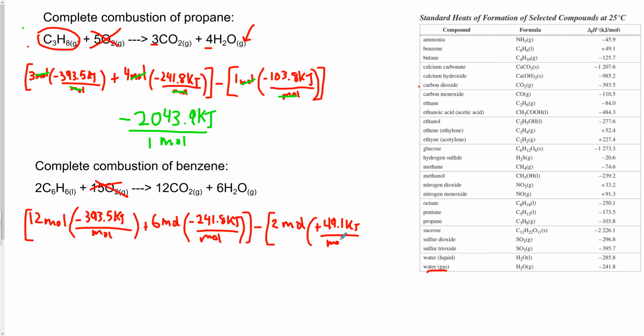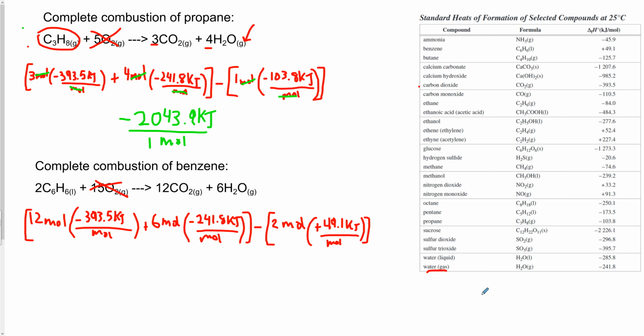Now we just have to do the math. So we got 12 times negative 393.5. We add 6 times negative 241.8. Then we subtract 2 times 49.1. Cool, it actually gives us a really nice whole number.